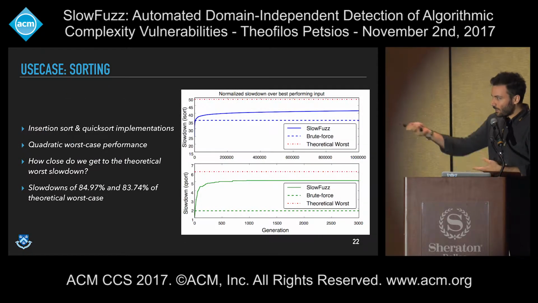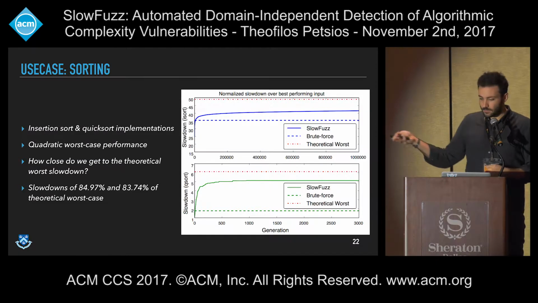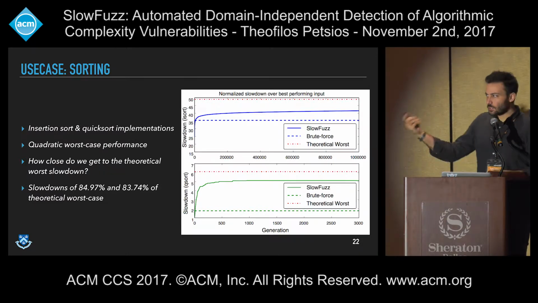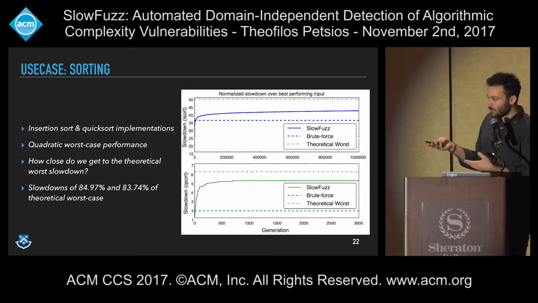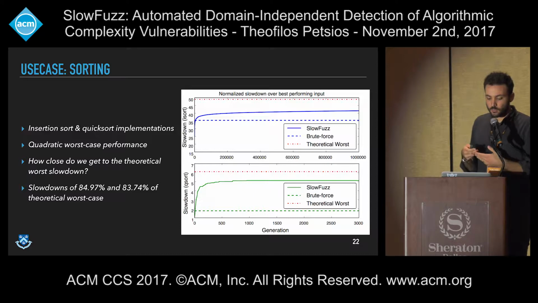We wanted to verify if this hypothesis is valid. And to do so, again, for the simple case of sorting, we implemented our toy examples of insertion sort and quicksort. Here, we implemented the algorithm so that we know what the worst case performance is. And we wanted to ask how far we get from the theoretical worst case using this evolutionary fuzzer.